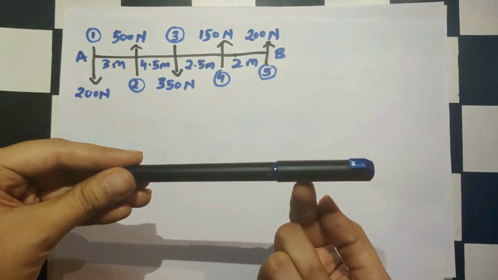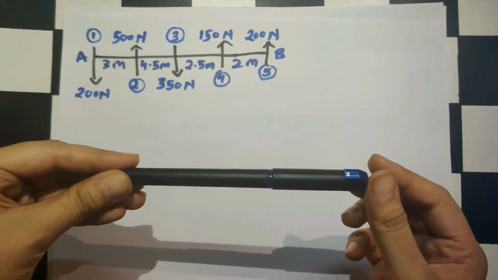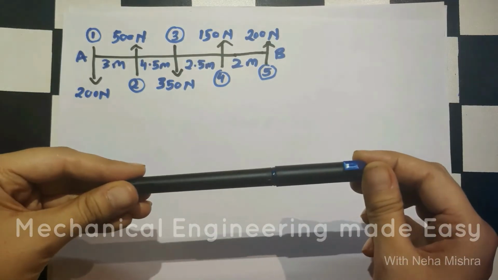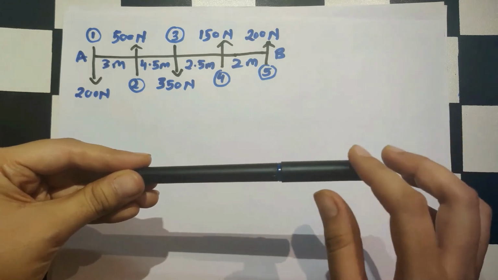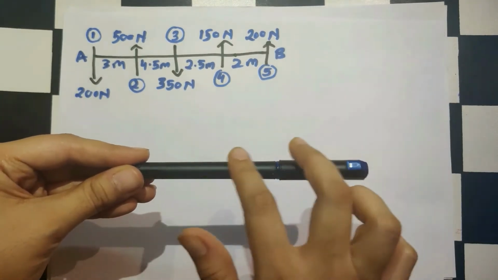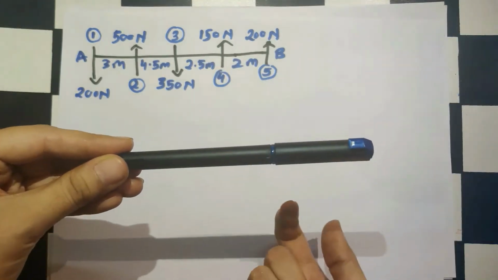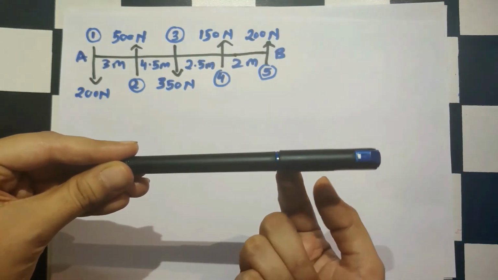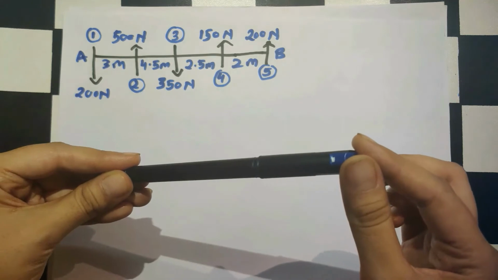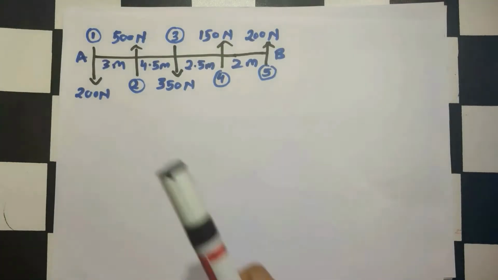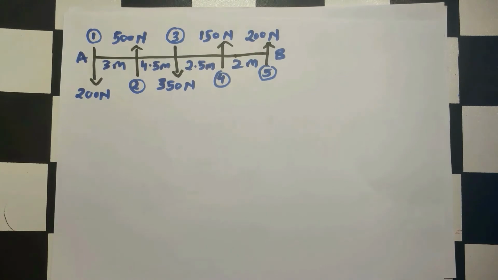After applying it, it should give the same position, not above this and not below this. So what it basically means is that the moment due to all these forces on this rod is equal to the moment that this resultant is going to give this rod. Understood the concept? Now let's take its mathematical form.